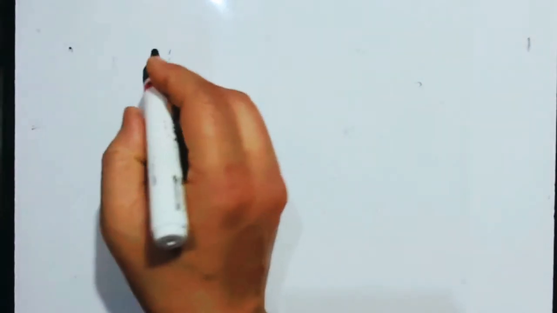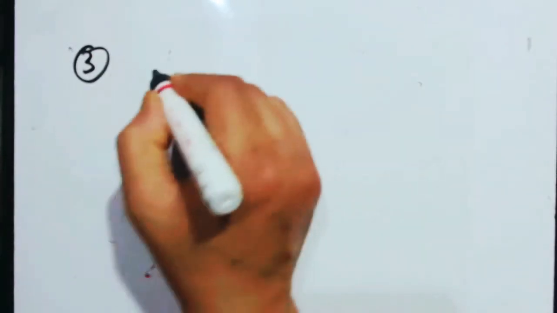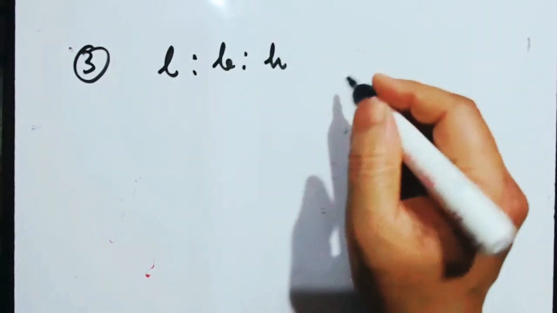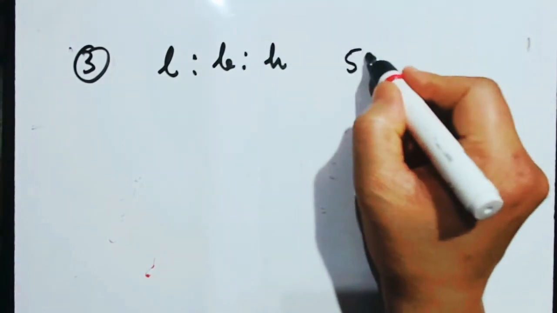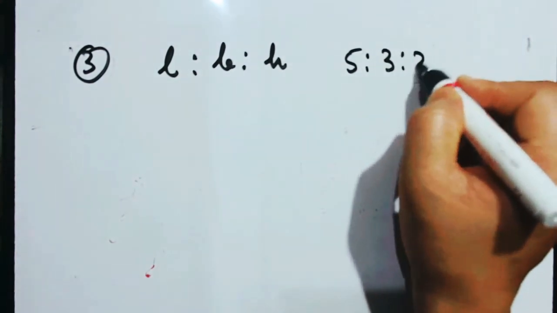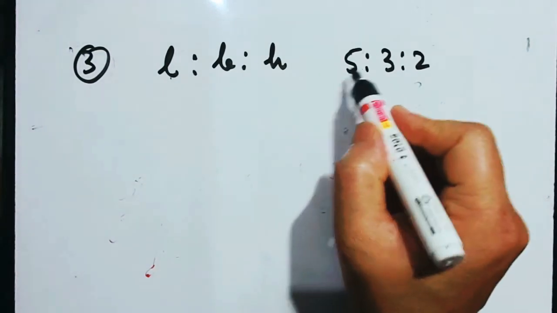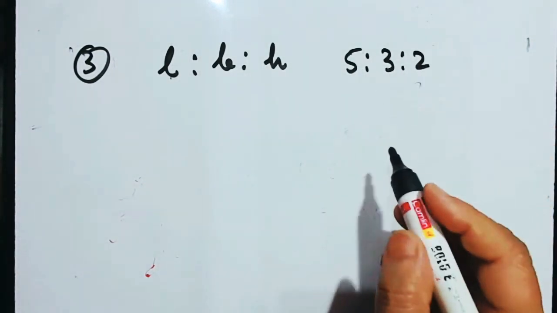Moving on to the next one, that is the third one. The length, breadth and height are of a cuboid. Number 3, the L is to B is to H, they are given in a ratio 5 is to 3 is to 2. Now this doesn't mean that the length is 5, breadth is 3 and height is 2.